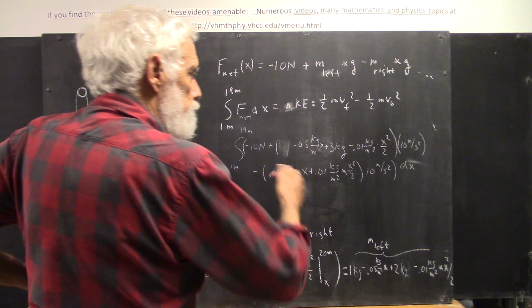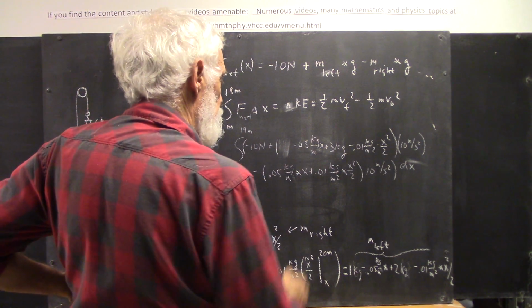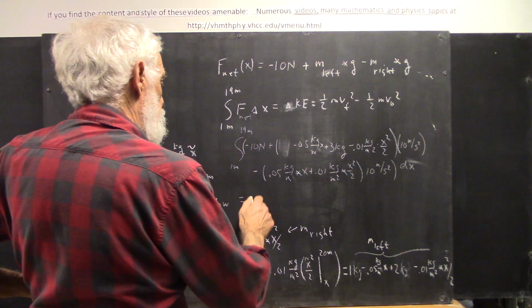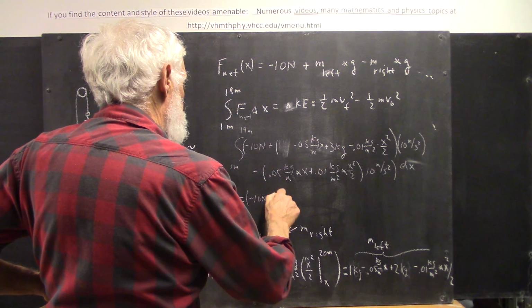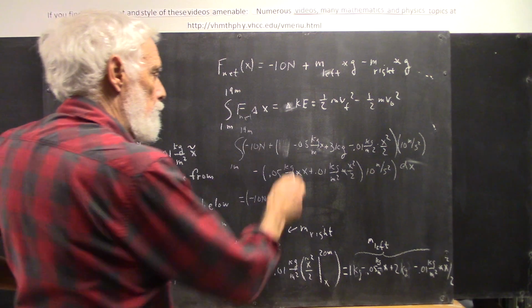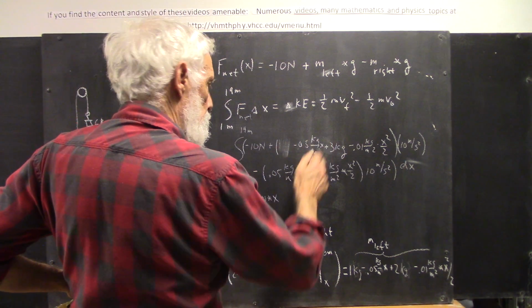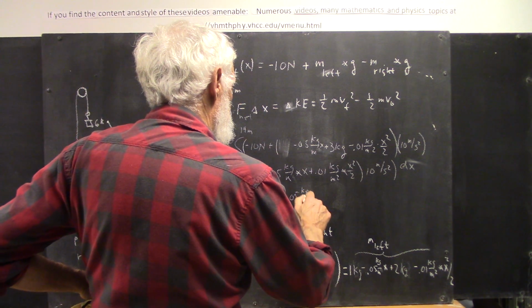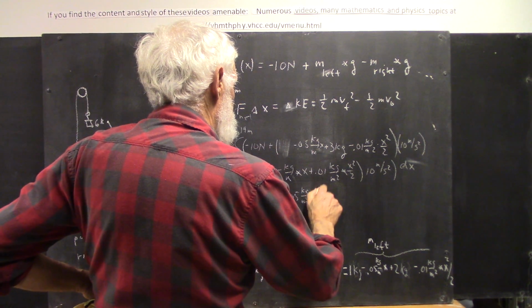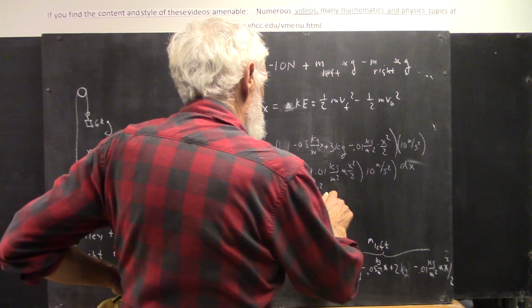Okay, so we integrate this with respect to x. Our negative 10 newtons is going to become negative 10 newtons times x. We have a negative 0.05 kilogram per meter times x. That's going to give us negative 0.05 kilogram per meter times x squared over 2.